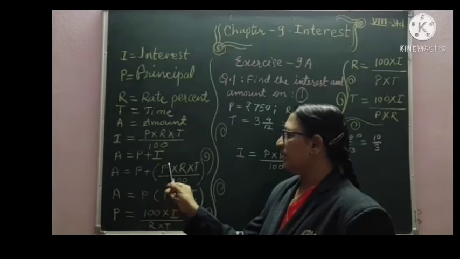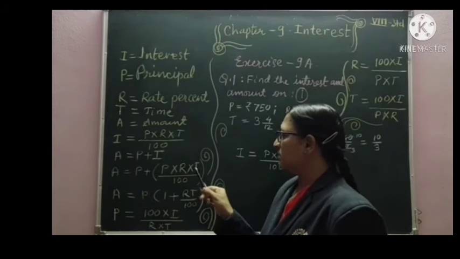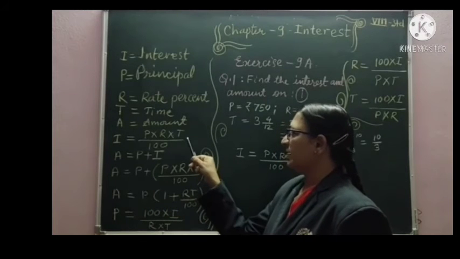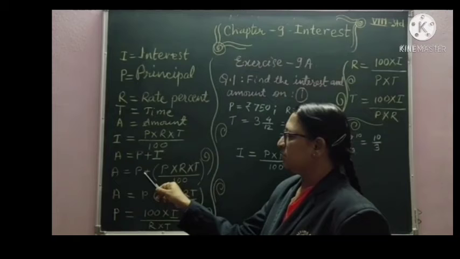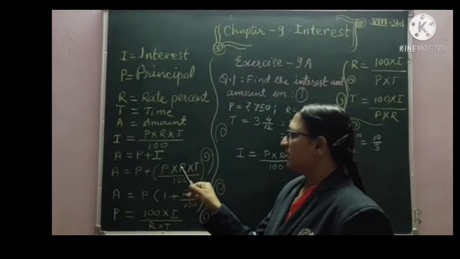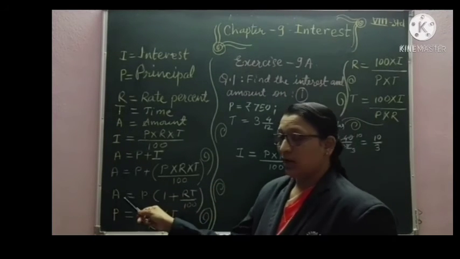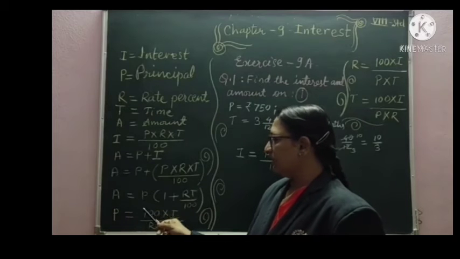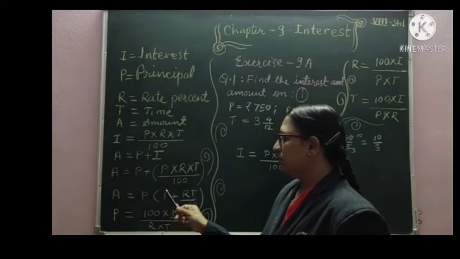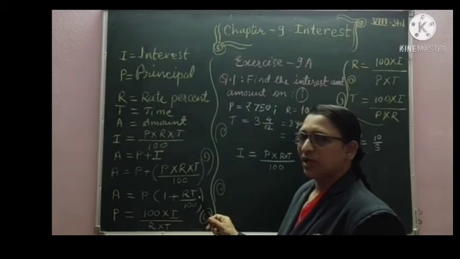To the principal, we can add the value of interest calculated with the help of the formula of interest. That is P plus principal into rate into time upon 100. Amount can also be calculated as principal into 1 plus rate into time upon 100.